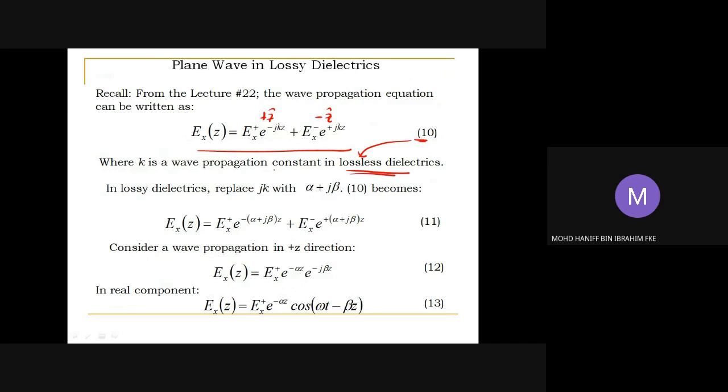And we have agreed in the previous slide that jk is alpha plus j beta, which consists of the attenuation constant alpha and phase constant beta.